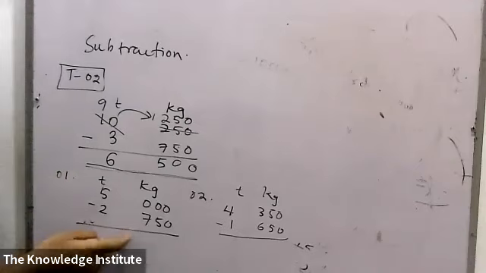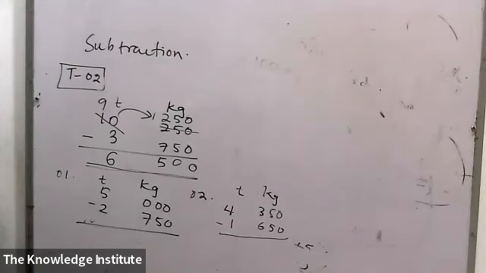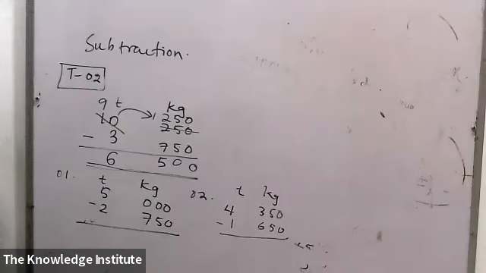Have you done the answers for this? Yes, teacher. What is the answer for the first one? 2 tons 250 kilograms. Okay. Next one. 2 tons 700 kilograms. Okay, correct. Very good.